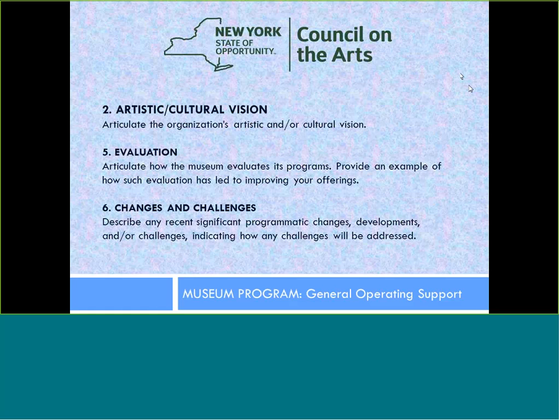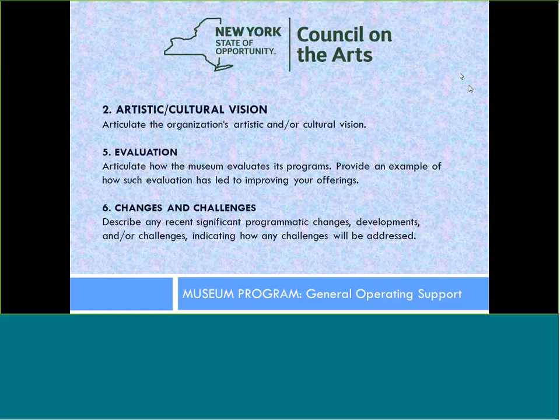This is the section where we're going to highlight more than one of the questions that sometimes trip people up. So this is where we want to give you some insider's info on how to answer questions. I'm going to start with question number 2, which is to articulate the organization's artistic and or cultural vision, where you see yourself in the realm of the arts and culture.